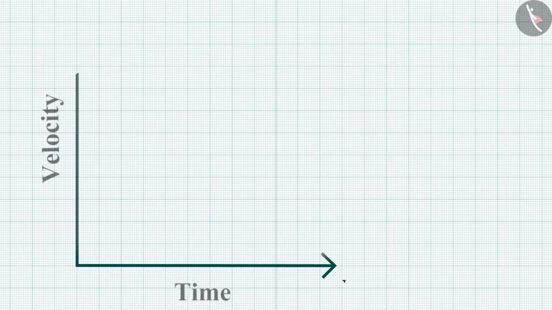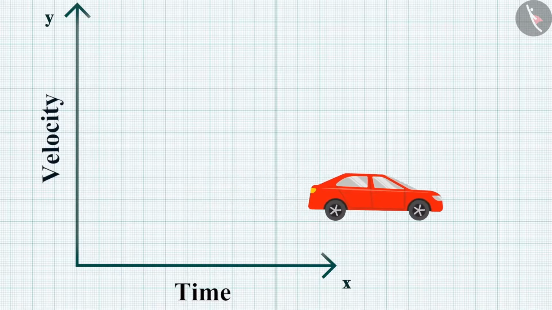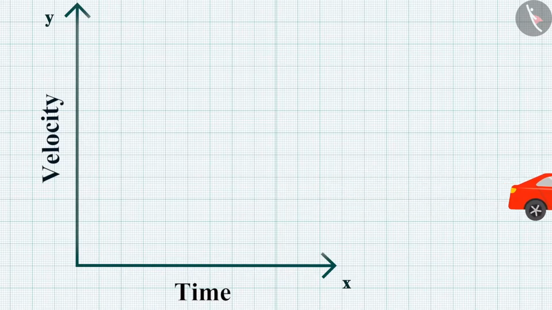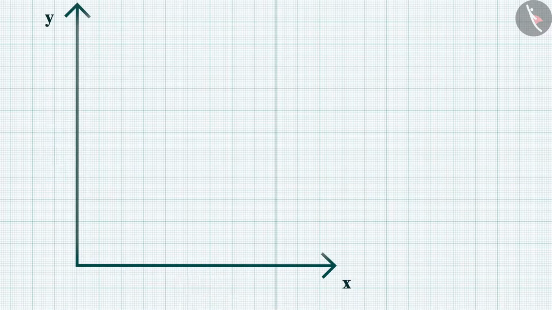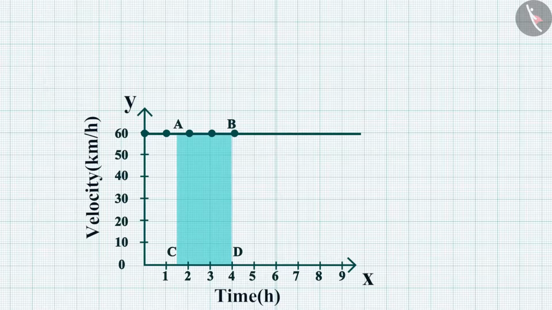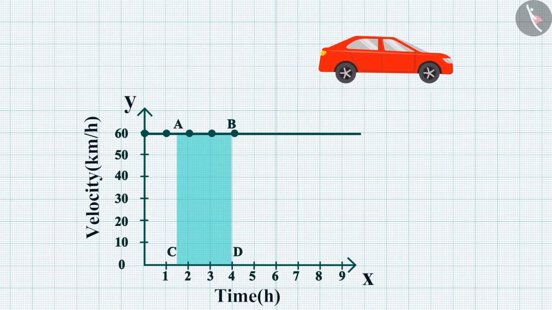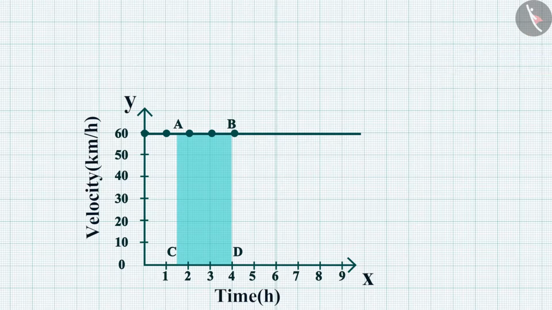The velocity time graph of that car can be plotted by considering the velocity at certain time instants. Here, time and velocity are represented along the x-axis and y-axis respectively. As the car is moving at a uniform velocity, the height of its velocity time graph will not change with time. It is a straight line parallel to the x-axis.